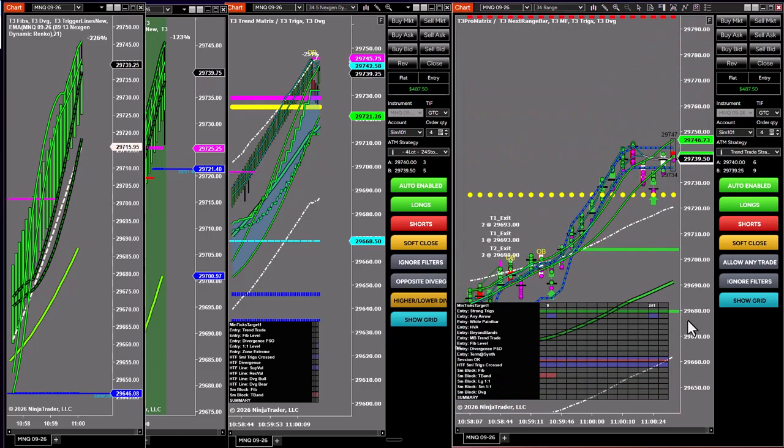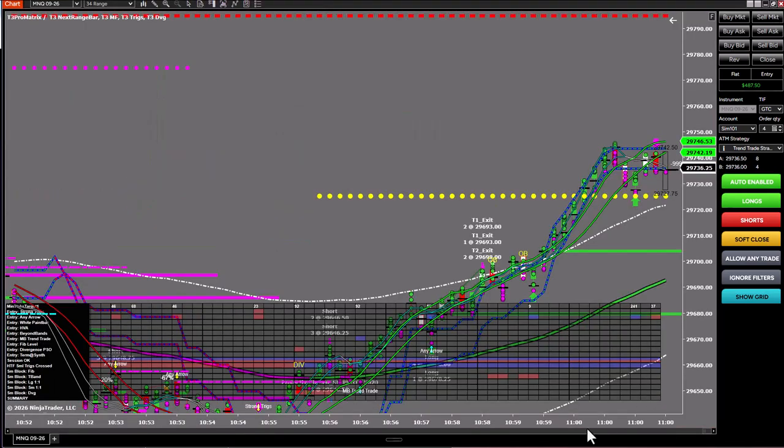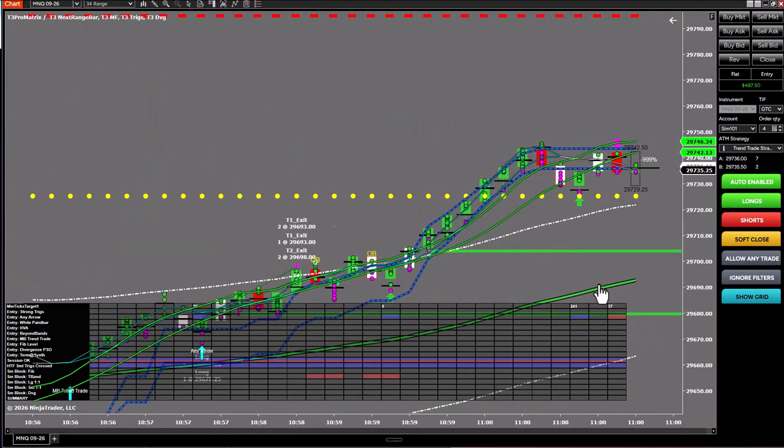Here's the interesting thing. I don't have the signals outside the outer bands turned on. So because we're outside the outer bands, even though it generated a long signal, it's not going to take it. You want to know what's also interesting? Do you see this number right here? I added this recently, and it's minimum ticks to the next target.